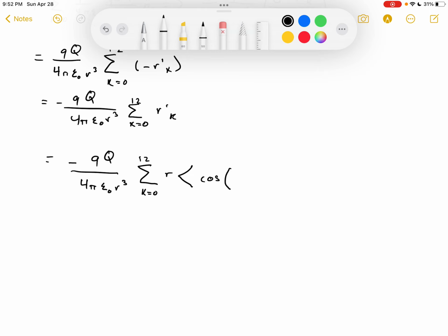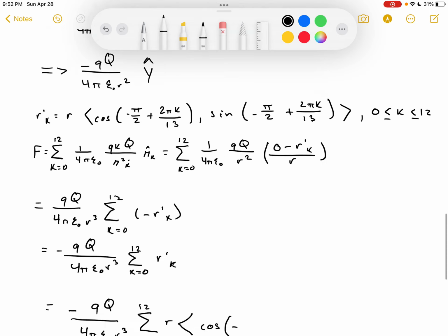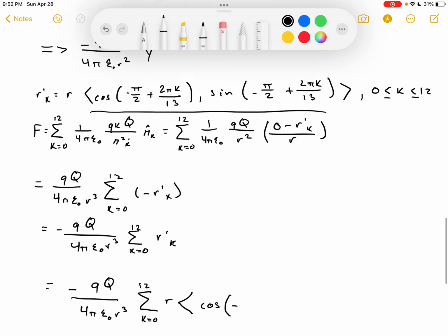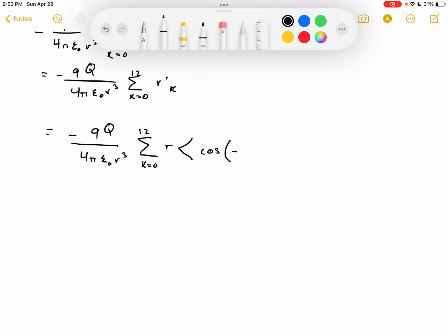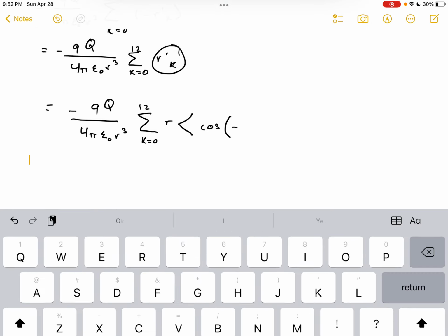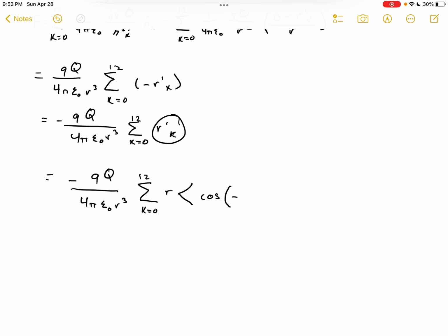It's the same vector that we found here, which is our position vector for r sub k. That'll be cosine of negative pi over 2 plus 2 pi k over 13, sine of negative pi over 2 plus 2 pi k over 13.